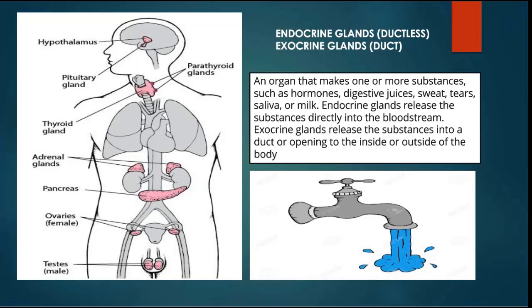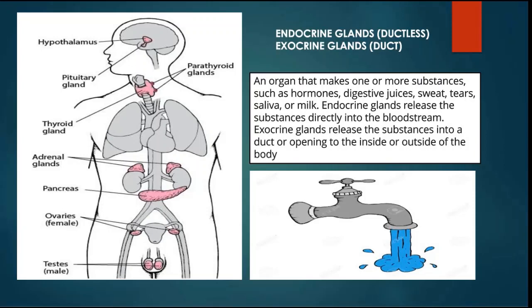A gland is an organ that makes one or more substances such as hormones, digestive juices, sweat, tears, saliva, or milk. So in this chapter, we're talking about hormones, right? So glands, they secrete what we call hormones. Take a gland as a tap and hormones as the water, right?